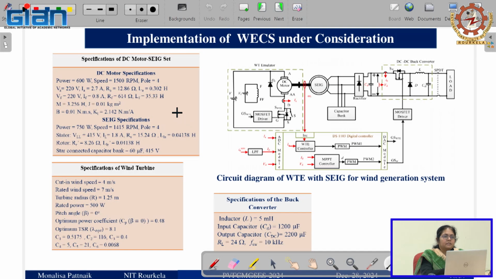This is the specification of the DC motor induction generator set. So the DC motor induction generator set, and then the wind turbine, we have chosen to model inside MATLAB.